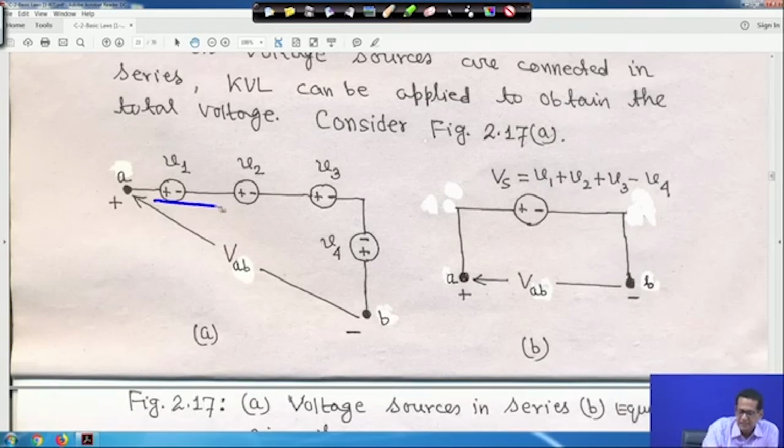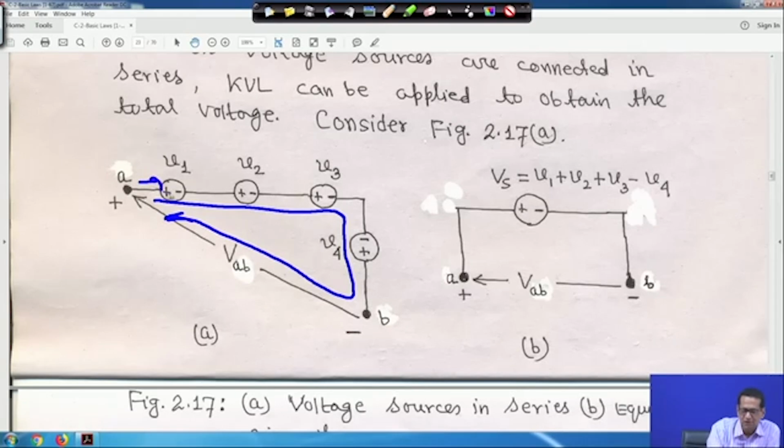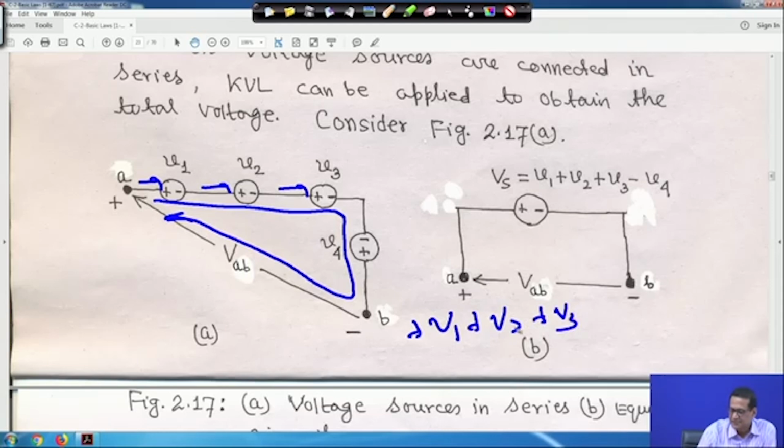Suppose I am moving clockwise like this. As soon as I move clockwise, it is plus V1, then again plus V2 because this is also clockwise, and this is plus V3. Then moving clockwise, this is minus V4 because the minus sign is encountered first.